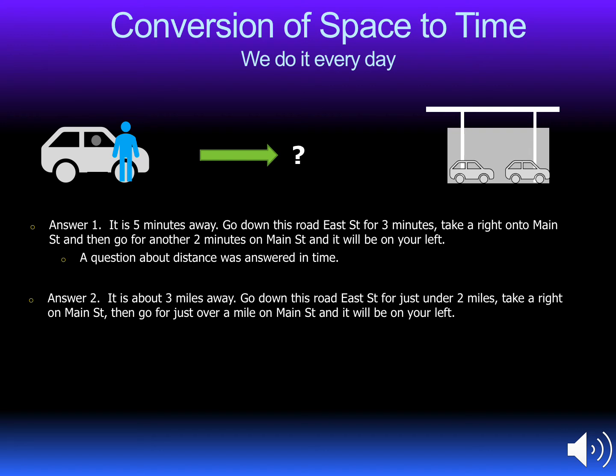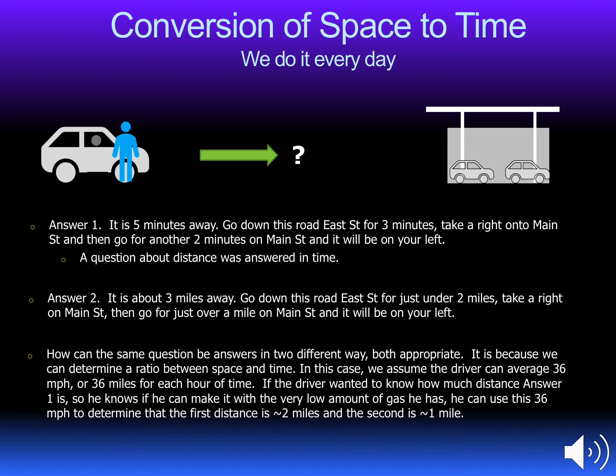Now, if the driver had asked, how long does it take to go to the gas station, then answer 1 would have been appropriate. But we often switch because we consider space and time, especially with regards to motion, to traveling, interchangeable. The driver, who knows he has a low amount of gas, can use the 36 miles per hour to convert miles to minutes or minutes to miles.